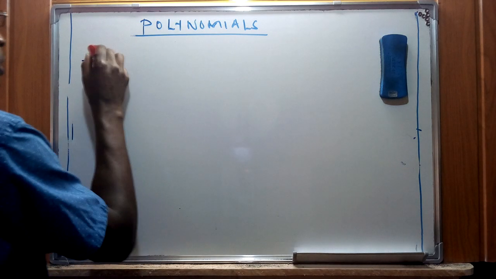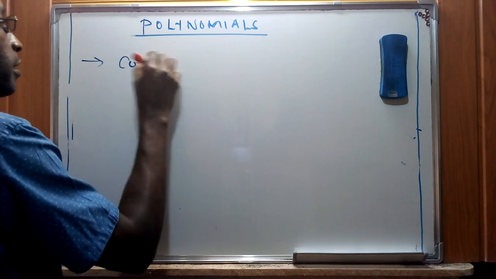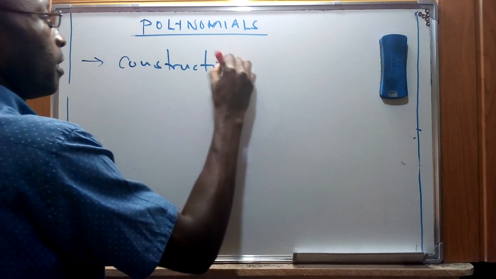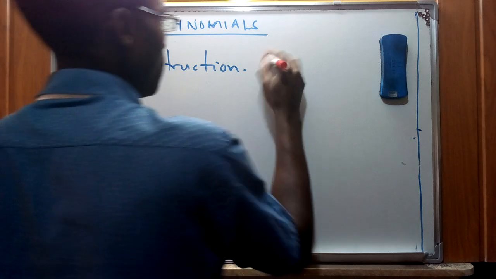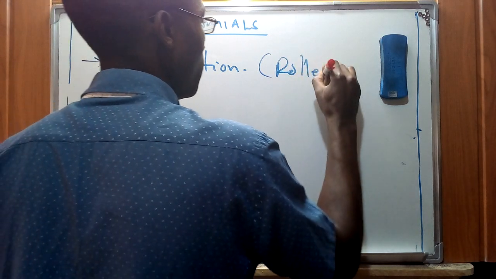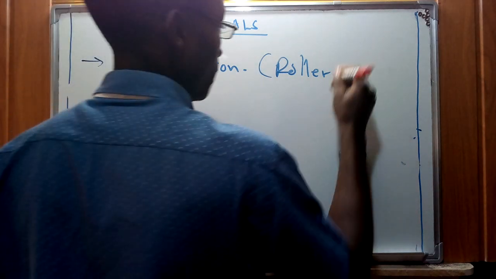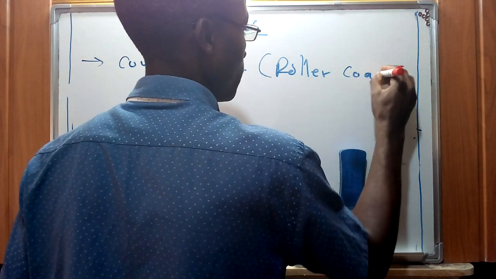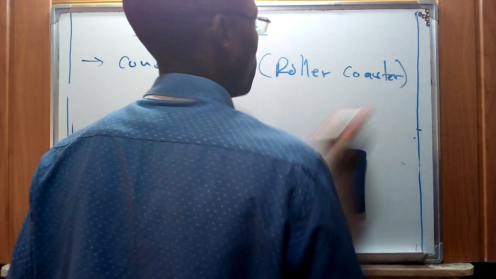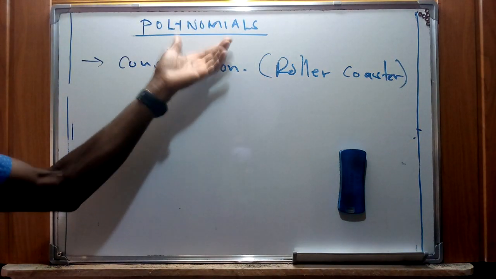Polynomials have a wide range of applications, especially in the construction industry, and some of us are aware of the roller coaster. In order to describe the curves of a roller coaster, we apply the concept of polynomials.